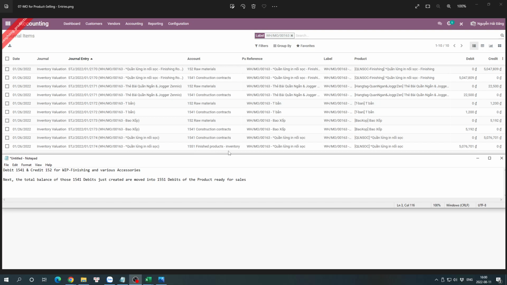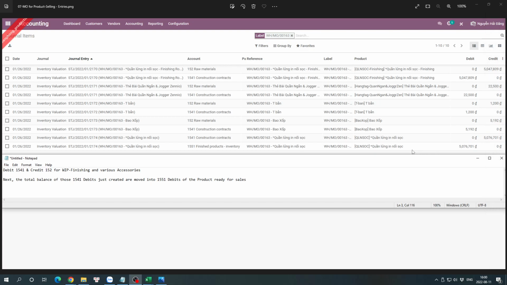It's straightforward, isn't it? Except for the same thing that we talked about, product code might not match when it comes to 1541. For example, here you got one product code, work in progress, and then accessory, and then another accessory, another accessory. You're debiting all these values to different product codes, but here you are crediting 1541 to what? The final products, the finished products ready for sales.